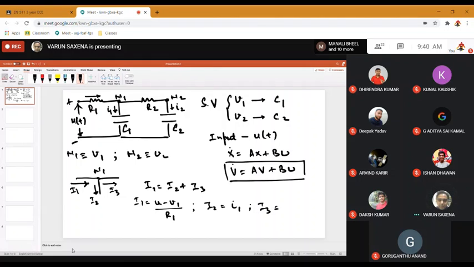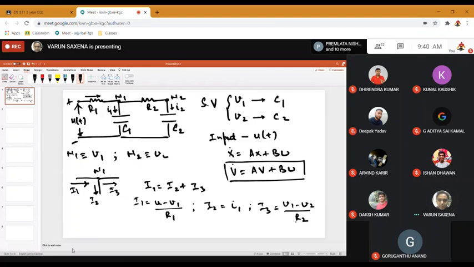And when the current is flowing from N1 to N2, the voltage at N1 is V1 and at N2 is V2, so this is going to be V1 minus V2 over R2.